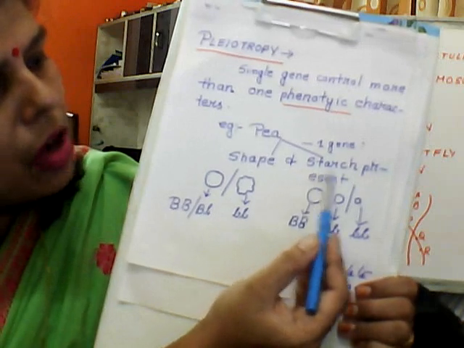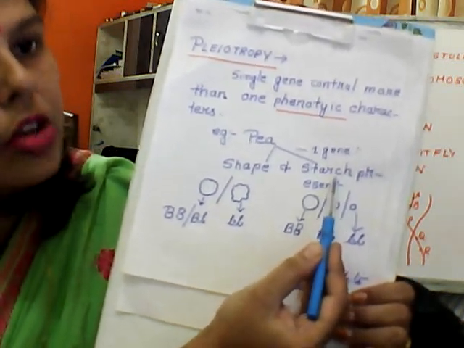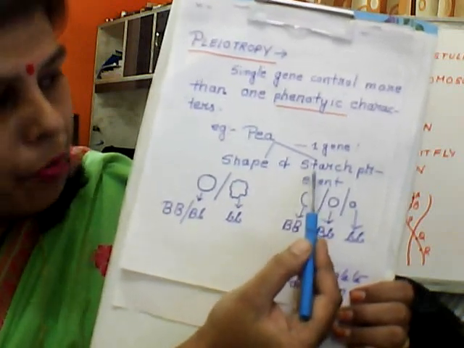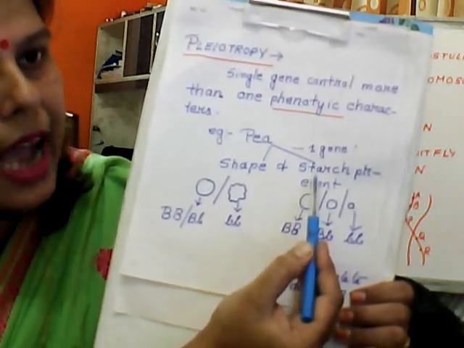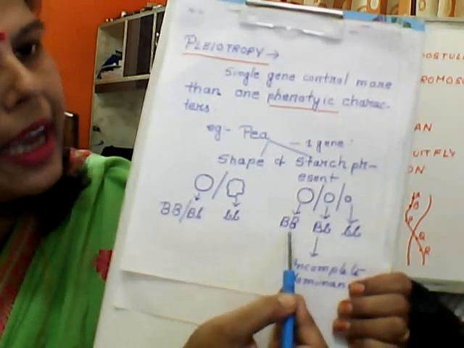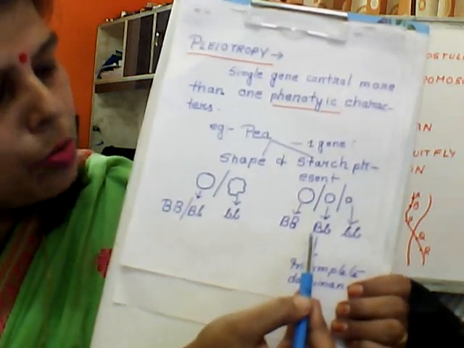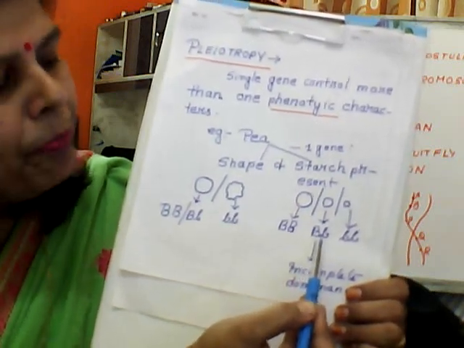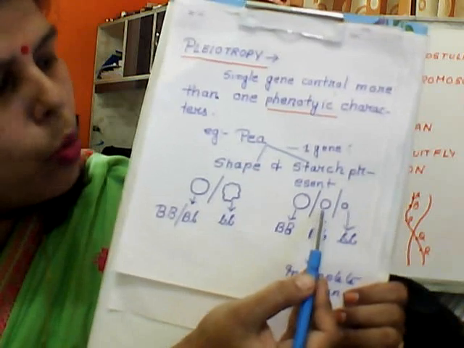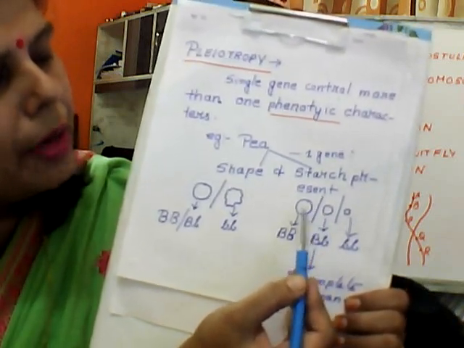Then in case of the starch content, that means it will give you the size of the seed. If more starch is present, the size of the seed will be big and it is denoted by capital B, capital B. That means that is the dominant character. But when it is capital B, small b, it shows an intermediate size, in between big and small.